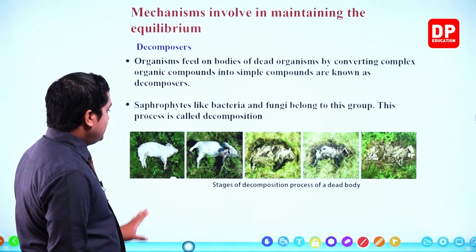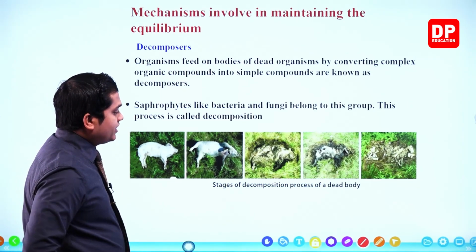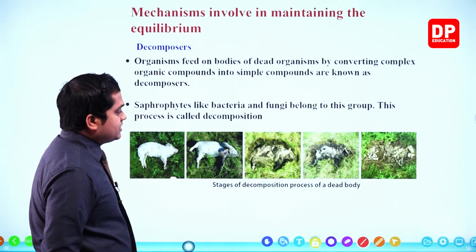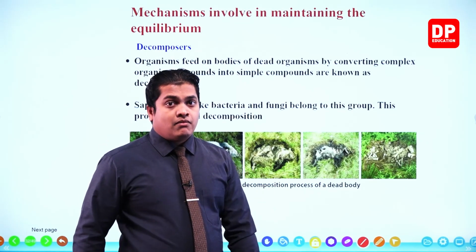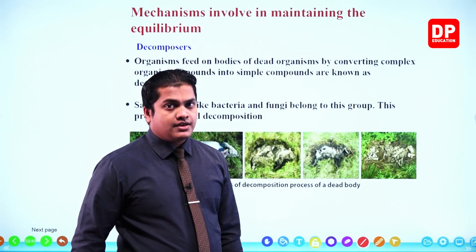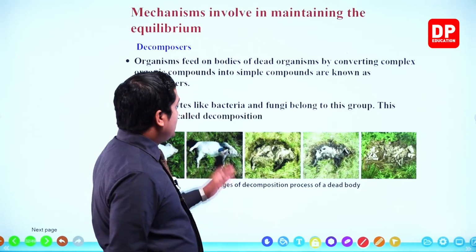As you can see within the figure, there is a dead animal, and the stages of the decomposition process of a dead animal body are given. This decomposition process is mainly carried out by microorganisms, my dear children, especially bacteria and fungi. These bacteria and fungi are therefore referred to as decomposers.